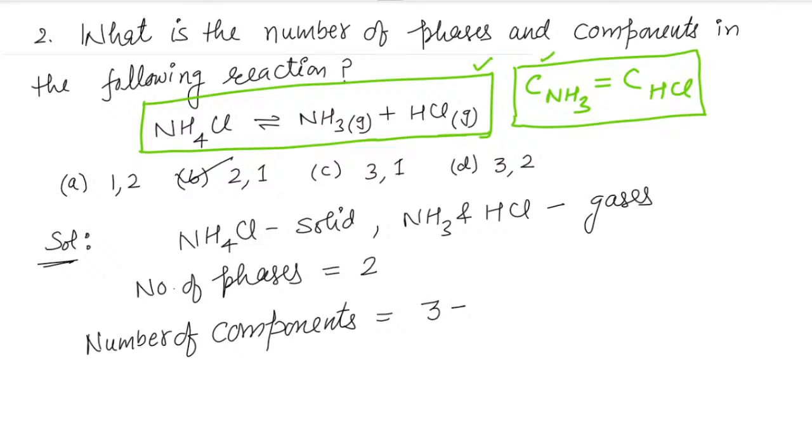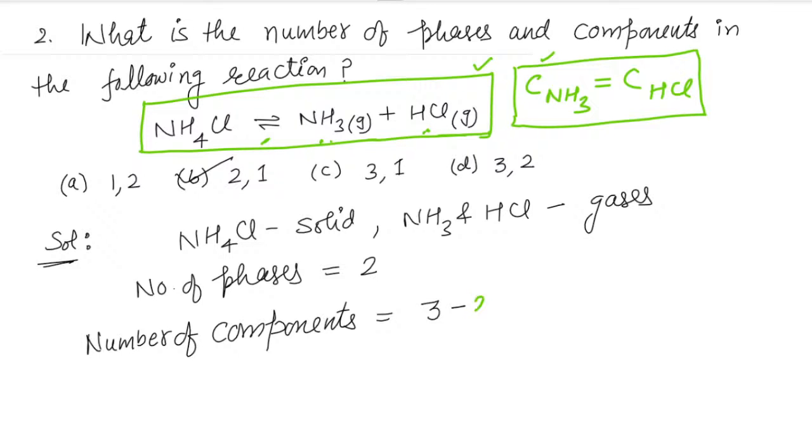If it is written that there is a mixture of ammonium chloride, ammonia and HCl, these 3, okay, then this relation is not in the picture, and we should get components 2, okay. But here, as this relation is mentioned, ammonium chloride to ammonia plus HCl, that means it is in equilibrium, and ammonia and HCl both are formed from ammonium chloride only.